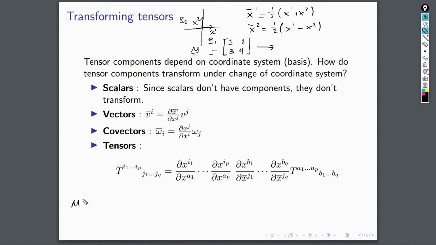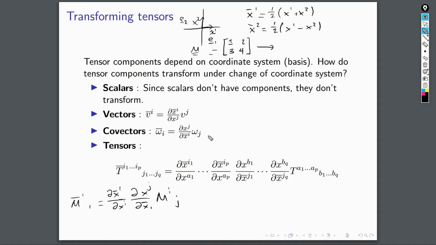So M bar 1, 1 is going to be, okay, first one, we're going to have dx bar 1 over dxi, and then dxj over dx bar 1, sorry, it should be M ij.